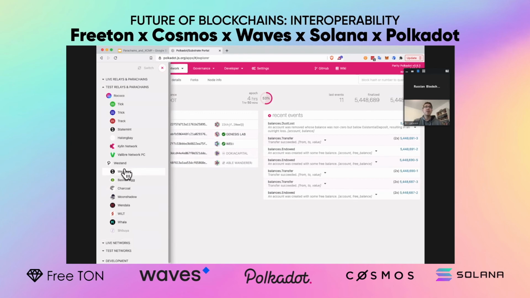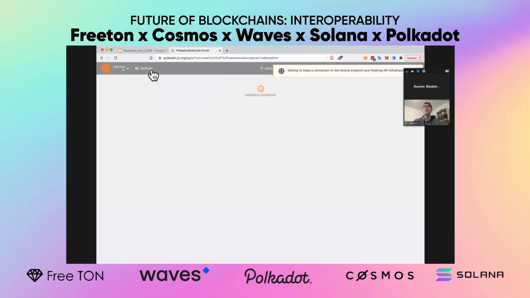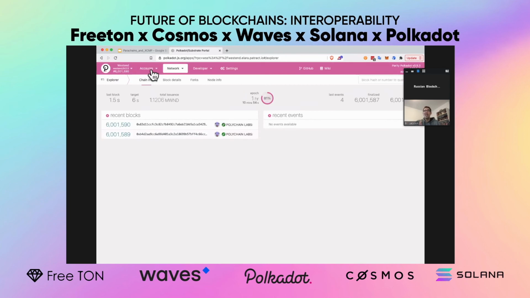So let me go to Westend, which is our testnet. And what I'm going to do is teleport, that is transfer some funds from one chain to another.